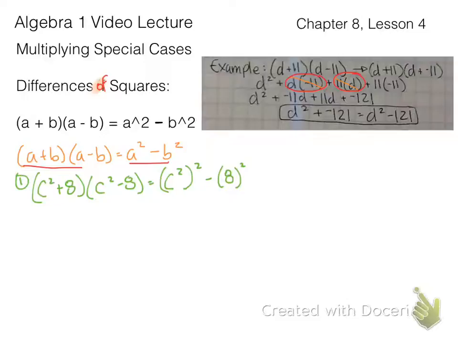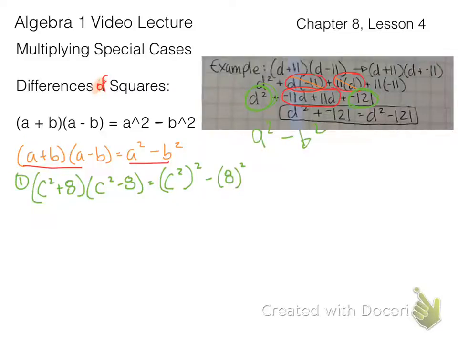When you FOIL, you're going to get a times b plus a times b. The only thing is the second b is usually a negative. So you're going to end up with opposites, and opposites cancel out. Those are going to end up canceling out, leaving you just the things on the edge, which ends up being a squared and b squared. Okay, so there you go.